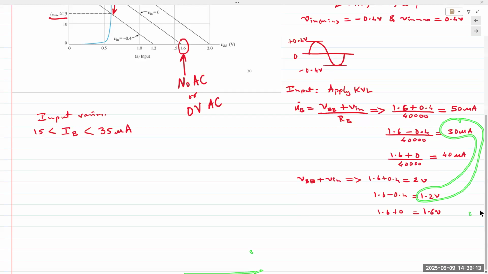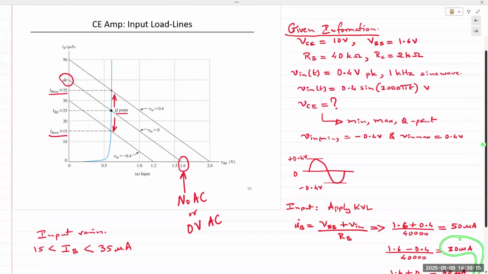So if you plot that load line, 2 volts and 50 microamps, your load line has now shifted up. And when V in goes negative, meaning the negative half cycle, it causes a drop in VBE. You get 1.2 volts and 30 microamps. So now your load line has shifted down.